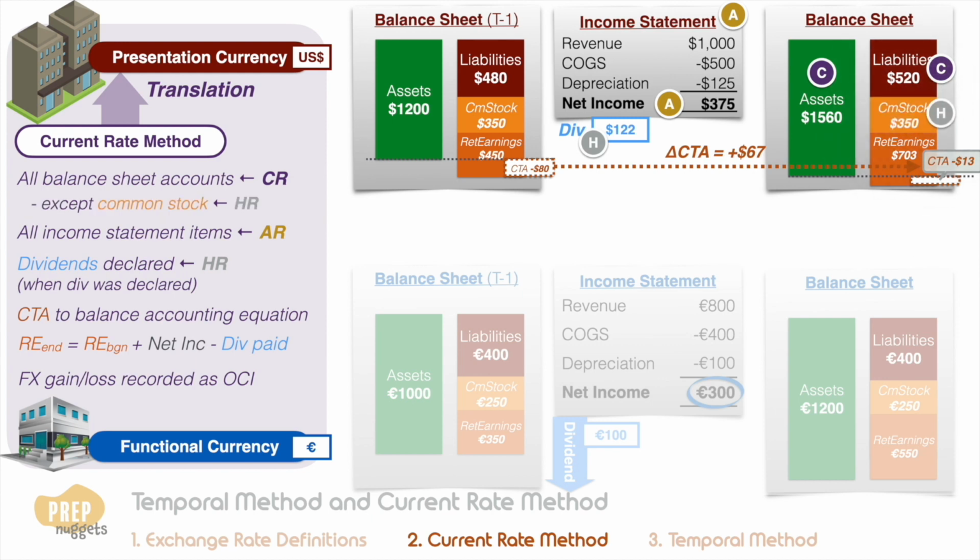However, common stock is translated at historical rate, and retained earnings are adjusted based on translated net income and dividends paid for the period. The CTA is a plug figure to balance the accounting equation, and the change in CTA for the period is the exchange rate gain or loss. It's taken direct to equity as OCI. This gain or loss is not reported on the income statement.